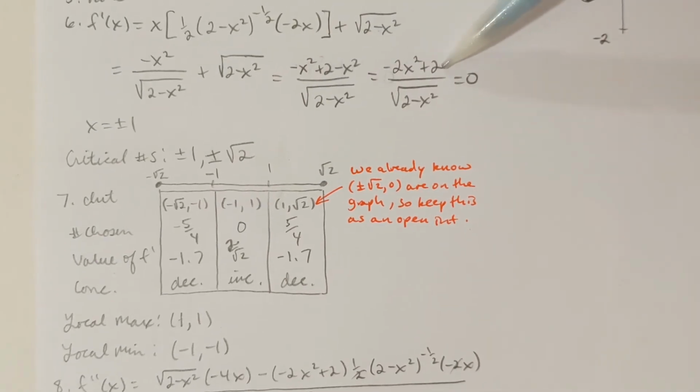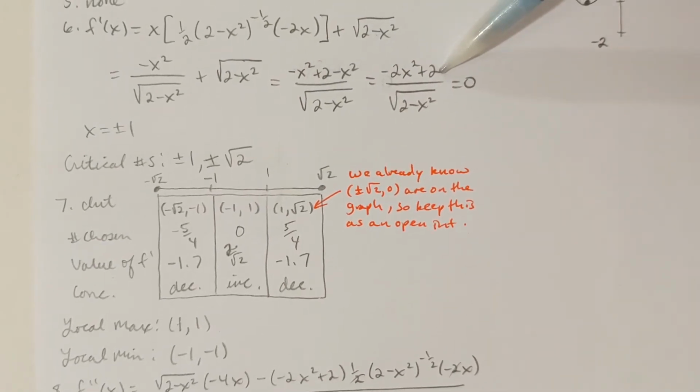And if I plug that into the derivative, negative 5/4 squared would be 25 over 16, times negative 2 is negative 25 over 8, plus 2. 2 is the same as 16 over 8, right? So I've got negative 25 over 8 plus 16 over 8. That would be negative 9 over 8.